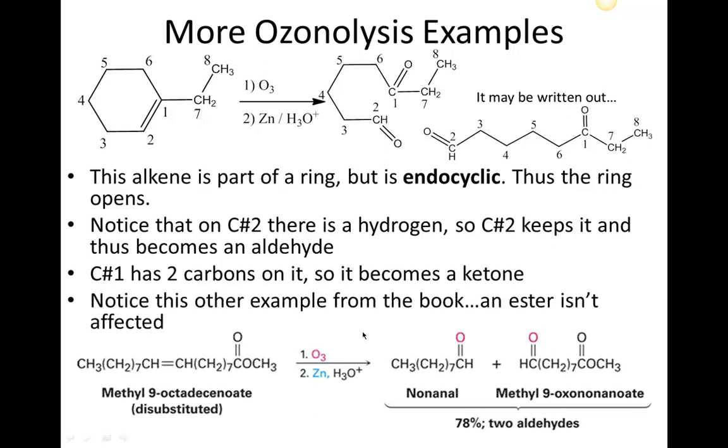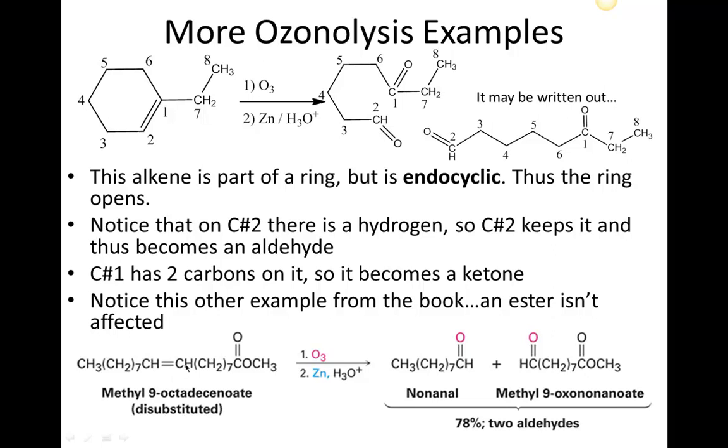Here's another example in the book, and I wasn't particularly fond of this particular example because they throw in this other functional group, but what they're trying to show you is a natural product. This is a molecule that's found in nature, an ester of one of the fatty acids, and it turns out that this set of conditions doesn't bother the ester, and so we're just going to break open this chain right here, right where the double bond is.